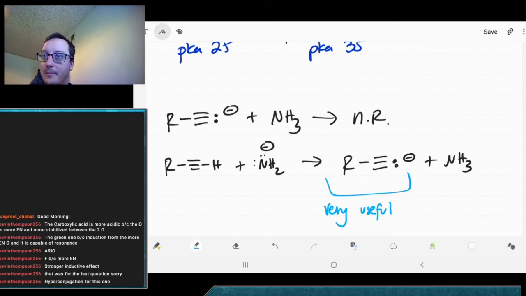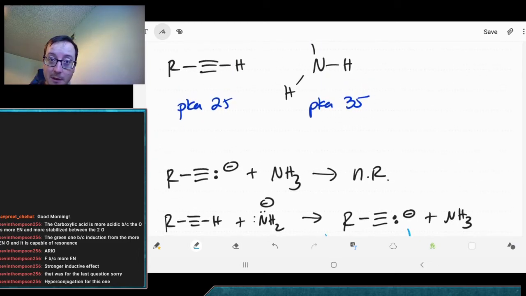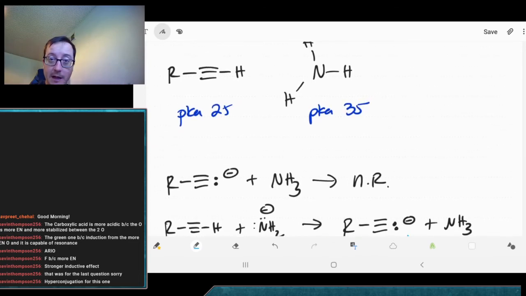So very, very important reaction, and we're looking at an acid-base reaction here, right? We're looking at a hydrogen moving from one substance to another. It's sort of the Bronsted-Lowry type of acid-base reaction.